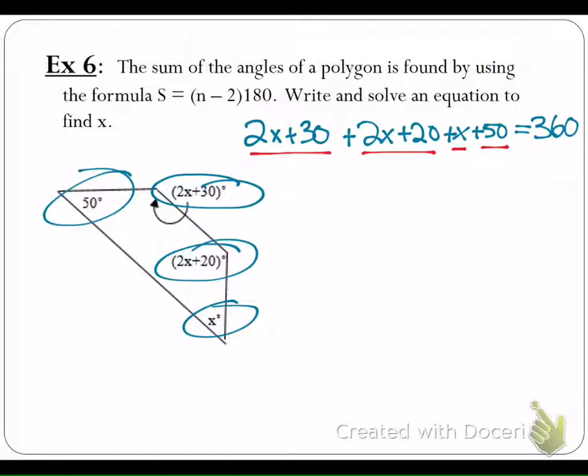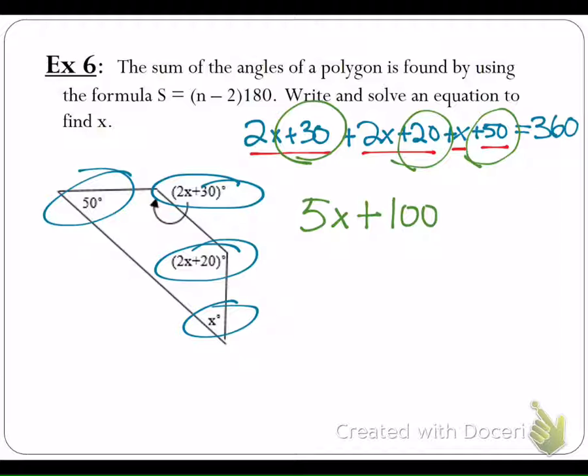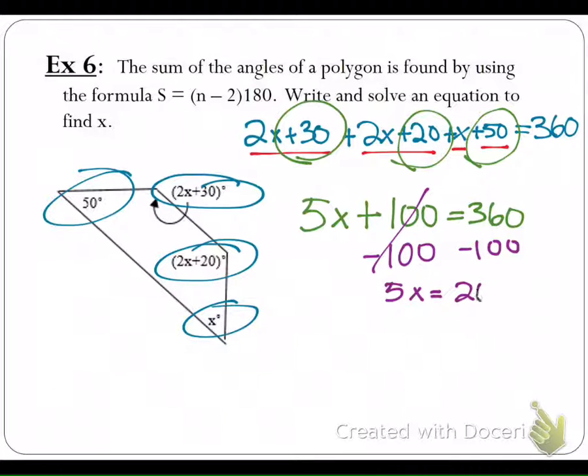Okay, 2x plus 2x plus 1x is what? 5x. 30 plus 20 plus 50 is 100. 5x plus 100 equals 360. Then what? Minus 100, minus 100.